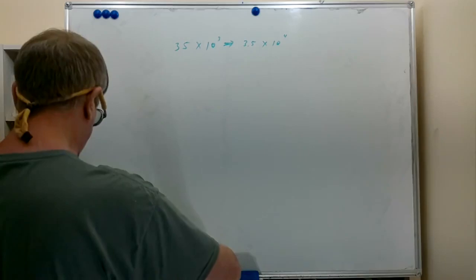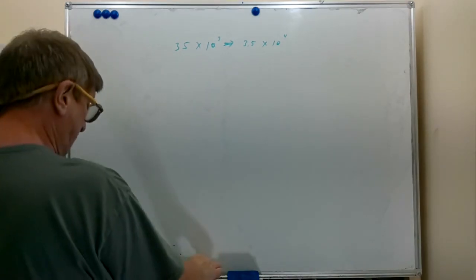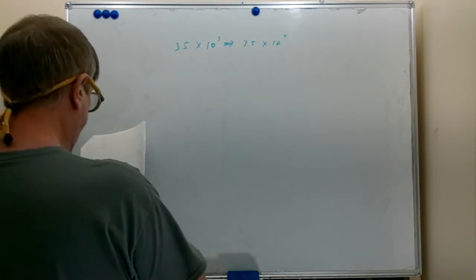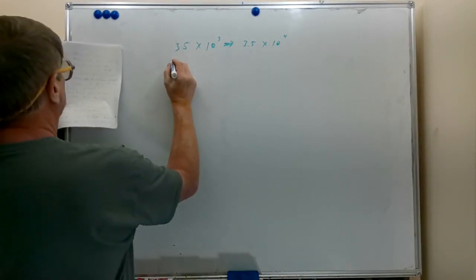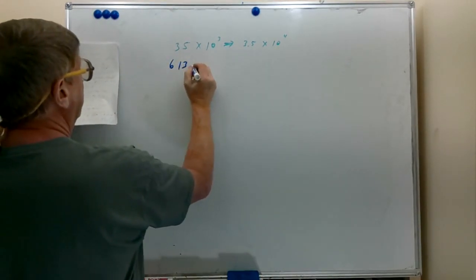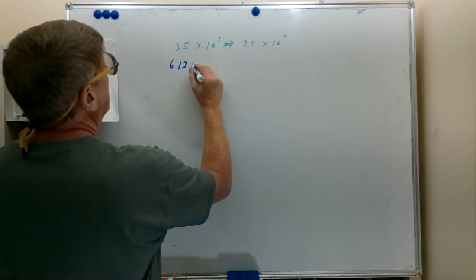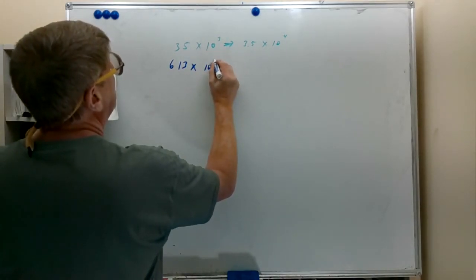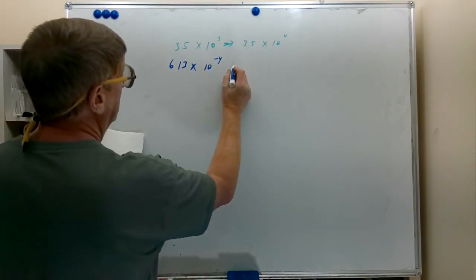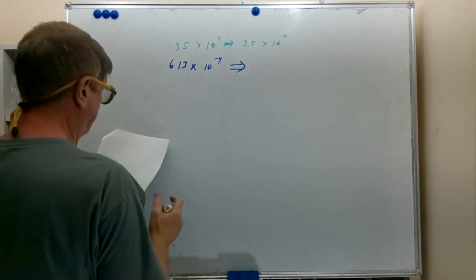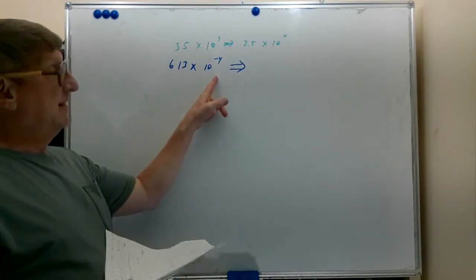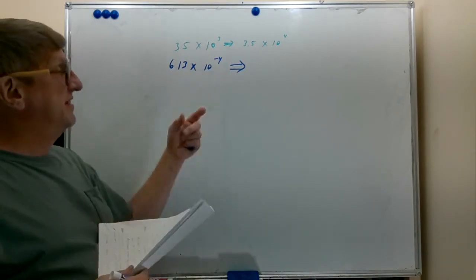We'll do another example, very much like the one we just did. 613 times 10 to the -4th. Now, instead of 10 to the -4th, we want a power of 10 to the -2nd.